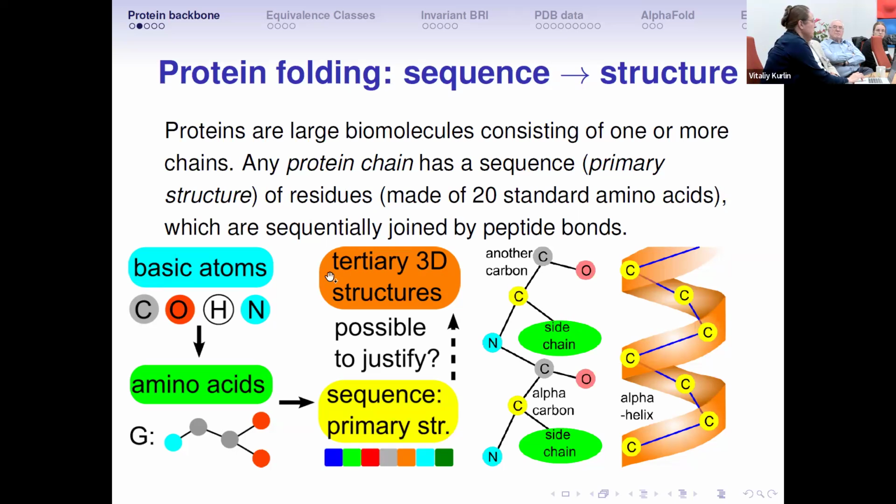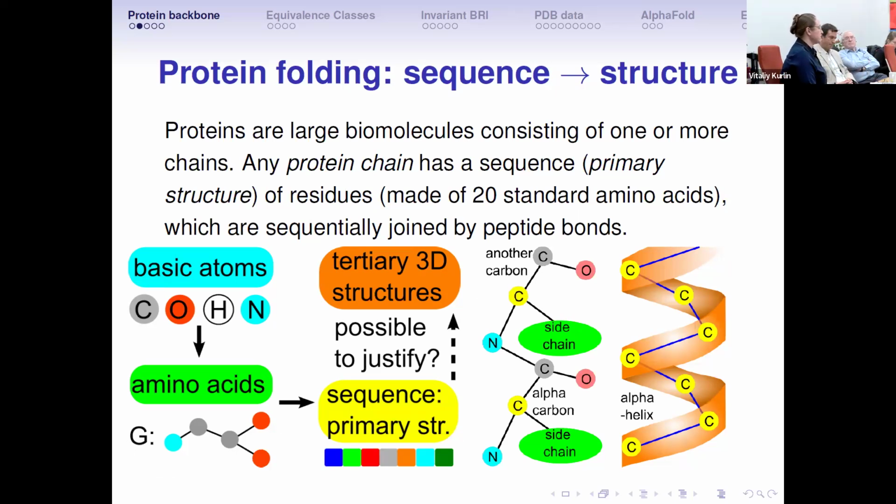The geometric shape of the whole structure, starting from the chain and then the combination of chains, is called a tertiary structure. So we start from the primary structure, just the sequence of amino acids, which are often denoted by letters.